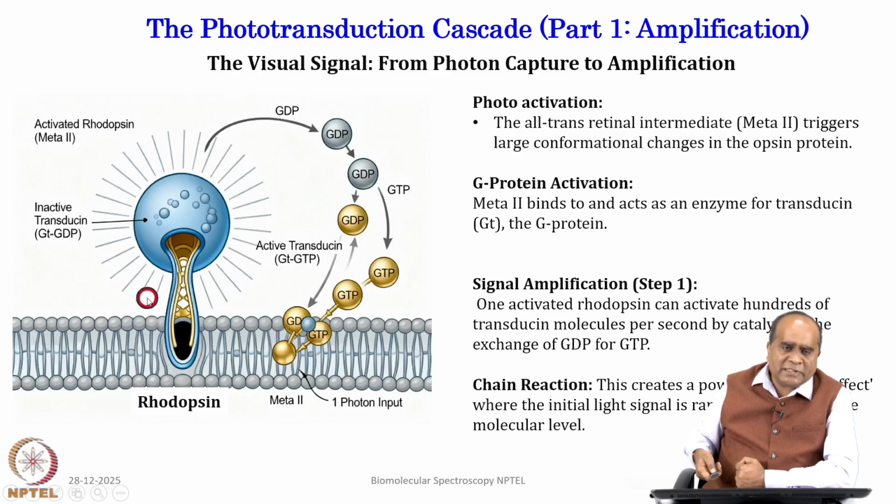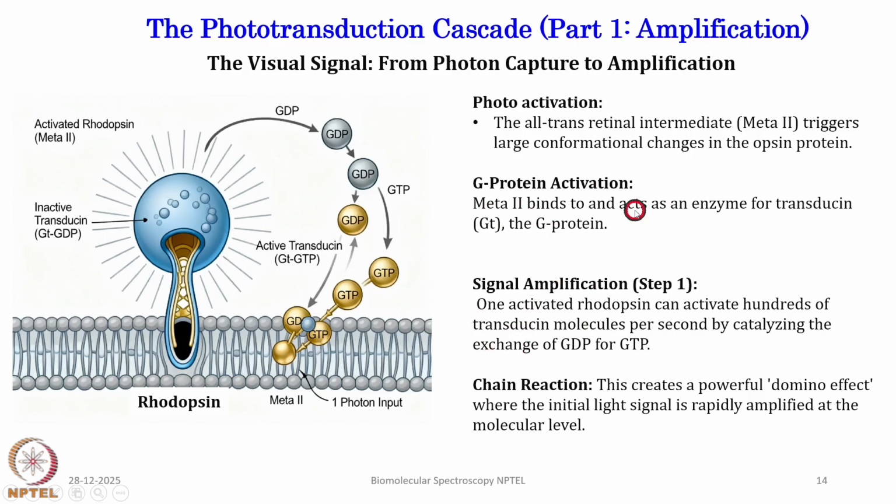So, in a GPCR, GTP comes into the picture and that essentially activates it. It activates GDP to GTP exchange, and here meta 2 gets activated by 1 photon input, and then meta 2 binds and acts as an enzyme for transducin, the G protein. Now, that basically helps in signal amplification.